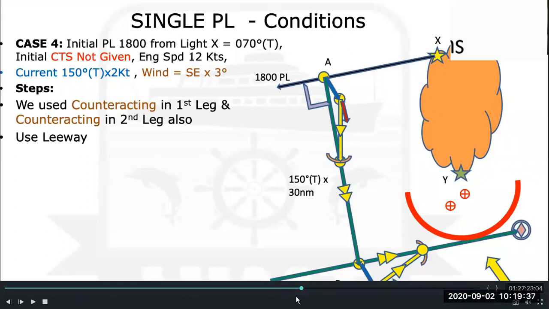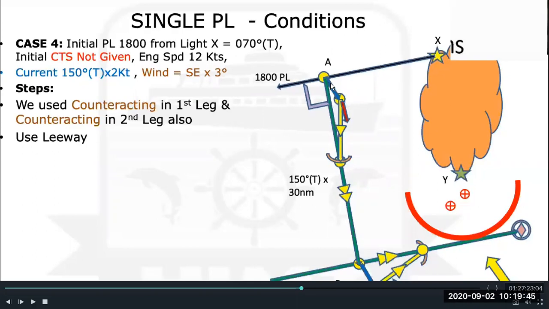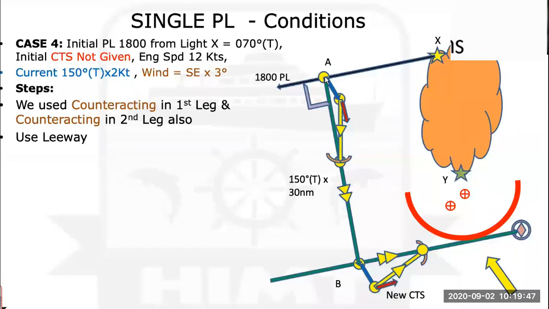So if the current is given, we don't have the course to steer. So what we will do, we'll apply the current first. That will be a counteracting method. So we apply the current 150 into 2, and wherever we reach, we don't have the course, but we have the engine speed.